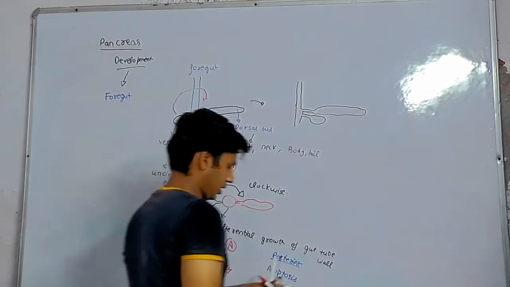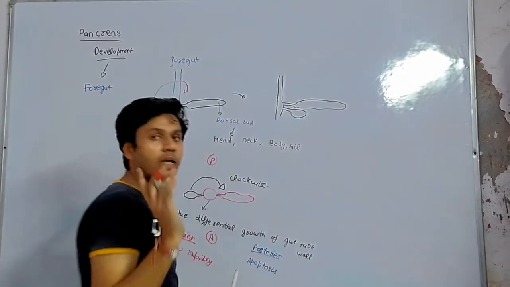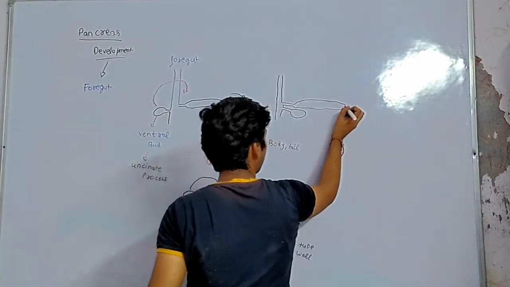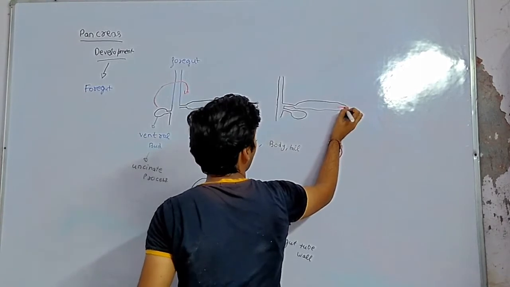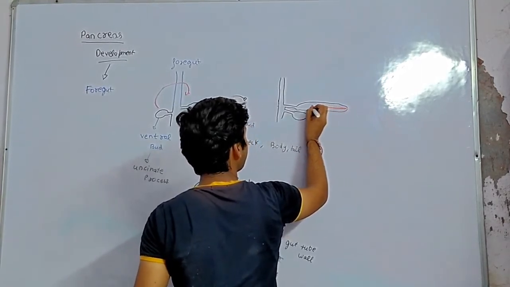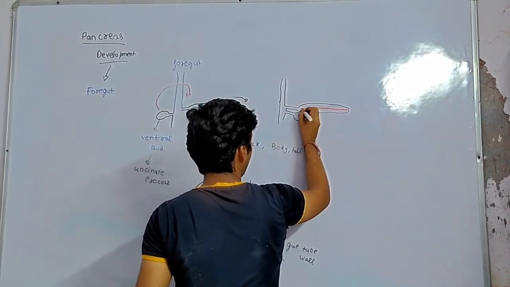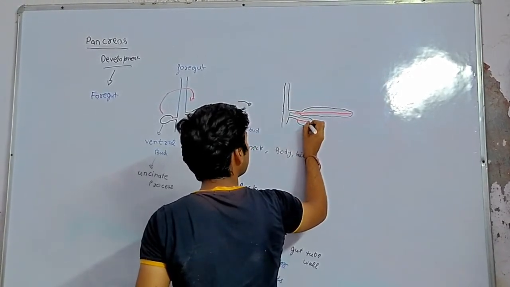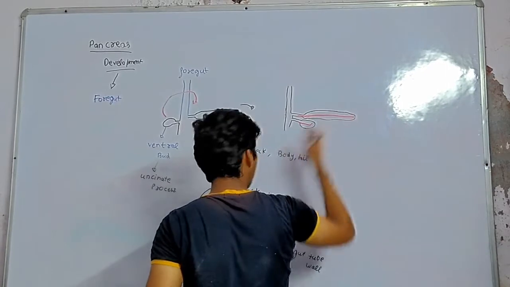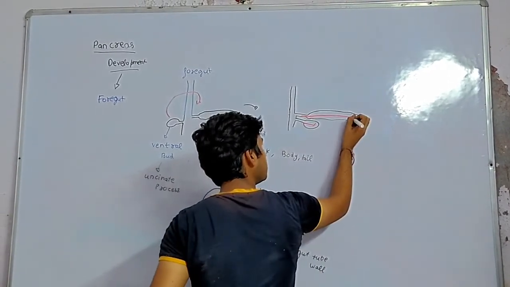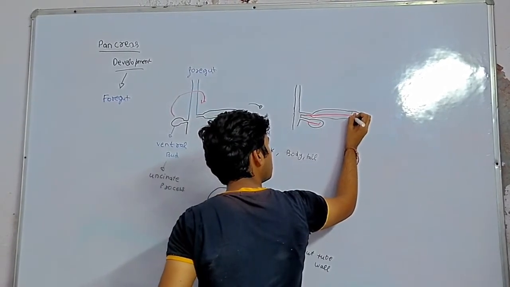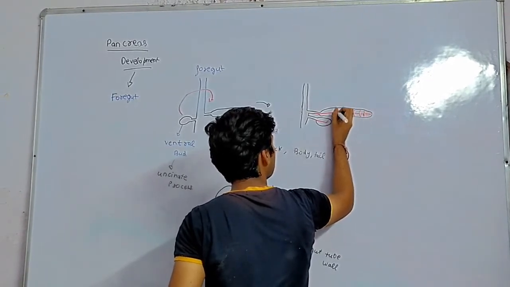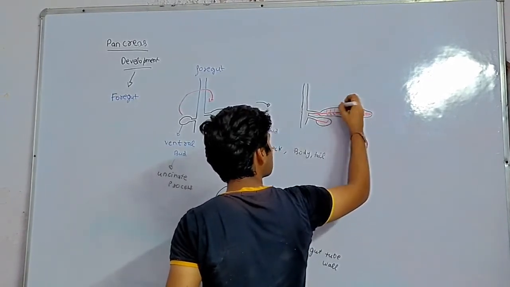Done. Remember, there is a duct in the pancreas which is called the pancreatic duct. There are two types of duct. Remember one important thing about the pancreas. This is the pancreatic duct. One is like this, and another is in the pancreatic uncinate process. It has some projections like this, so it looks like a fish backbone.